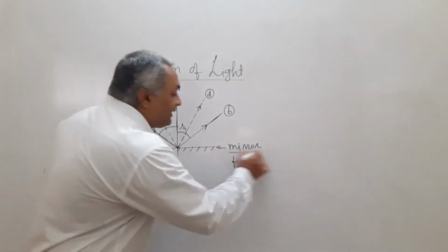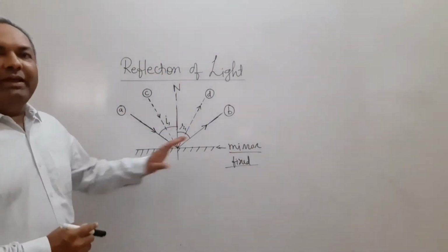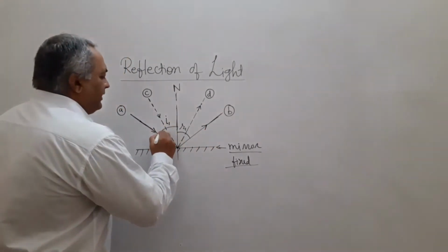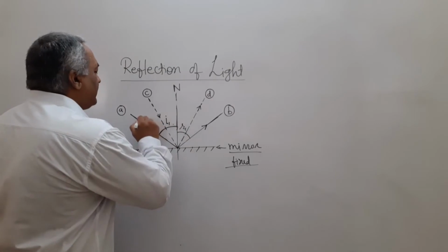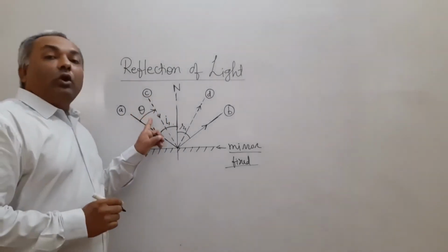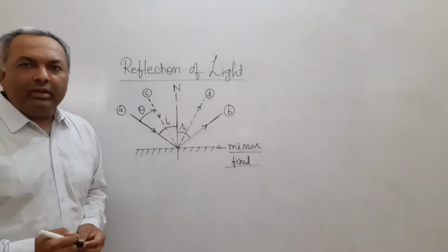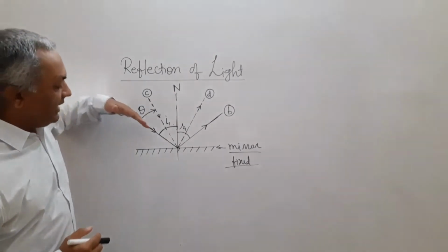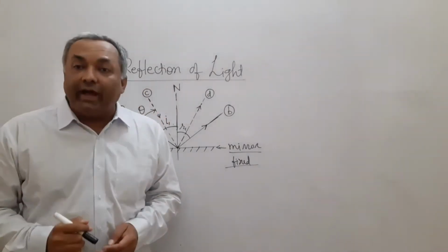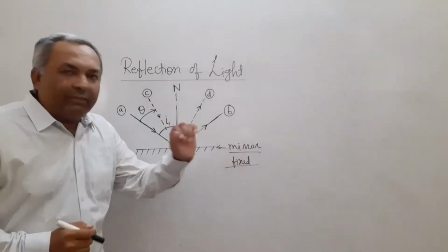Now if we keep the plane mirror fixed and the incident ray is rotated through an angle theta in clockwise direction, so the incident ray A is rotated clockwise through an angle theta while the mirror is kept fixed.